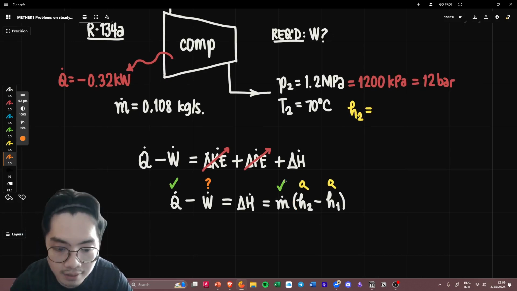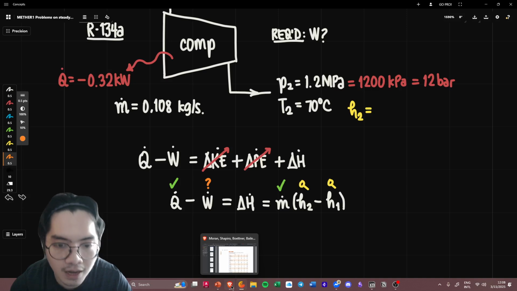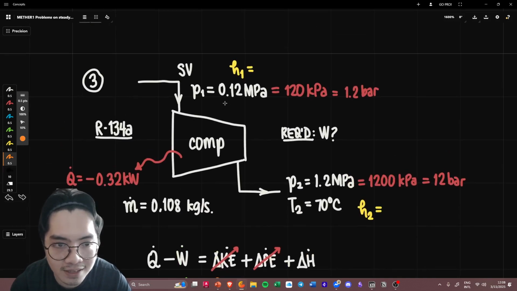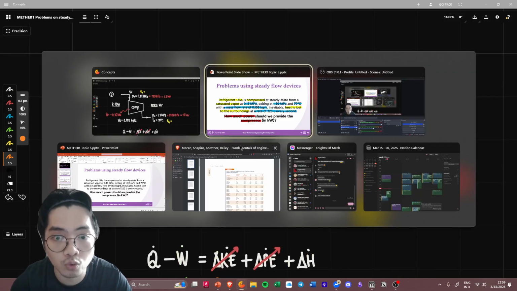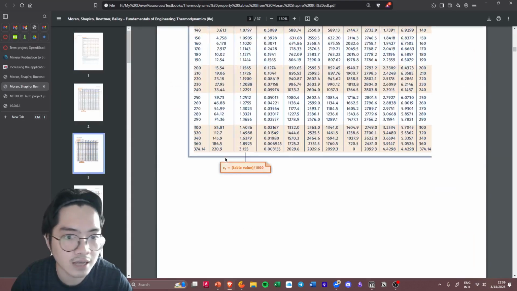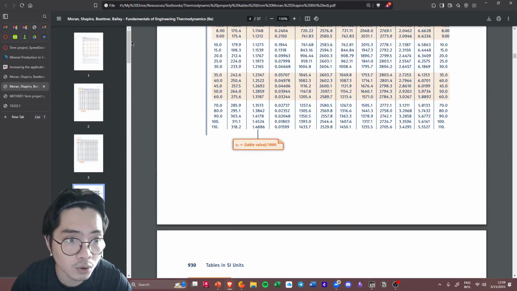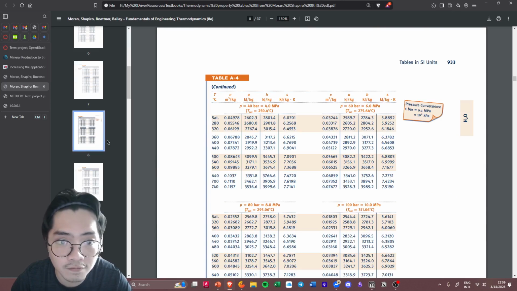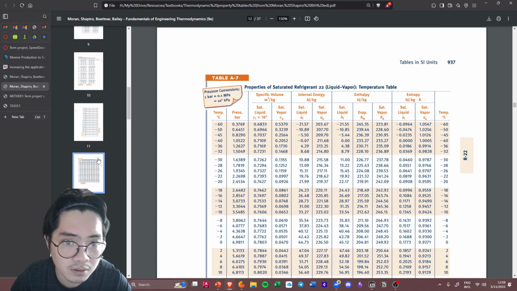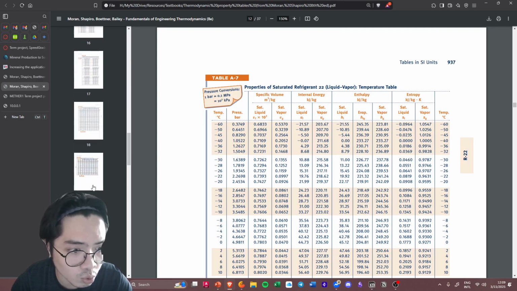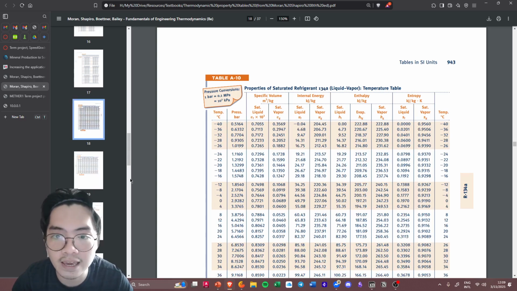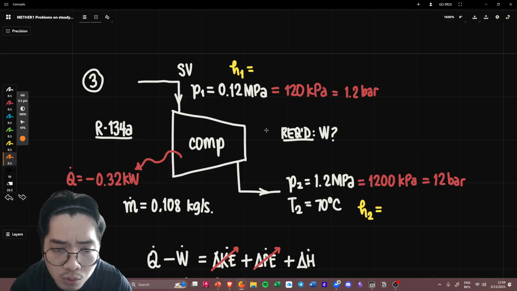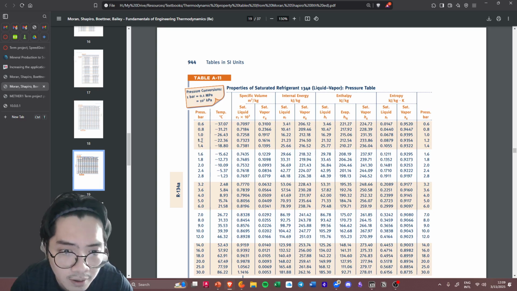Now let's go ahead and actually find them, right? So first of all, we have a saturated vapor at 1.2 bar. Let's go now to the R134A tables, refrigerant 134A at the particular pressure, which is 1.2 bar. There you go.